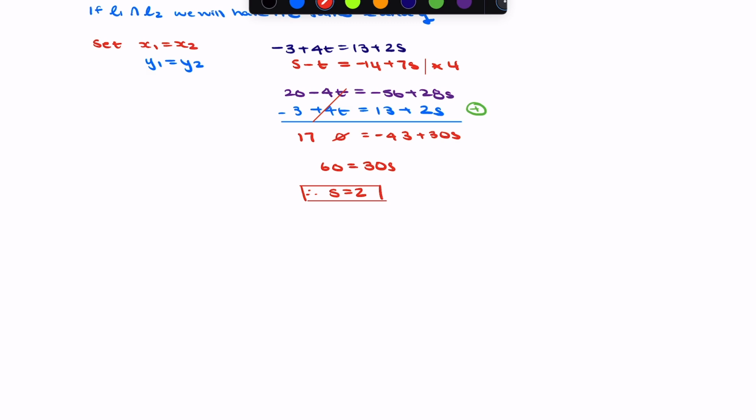Here, once we get s is equal to 2, we'll sub that back into one of our equations. And so here we have 5 minus t is equal to negative 14 plus 7 times 2. 5 minus t is equal to 0, and therefore t is equal to 5.